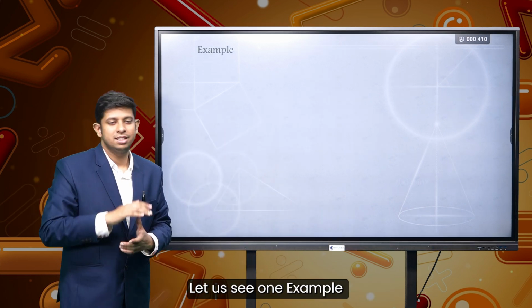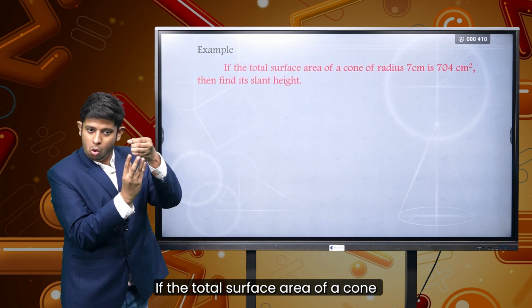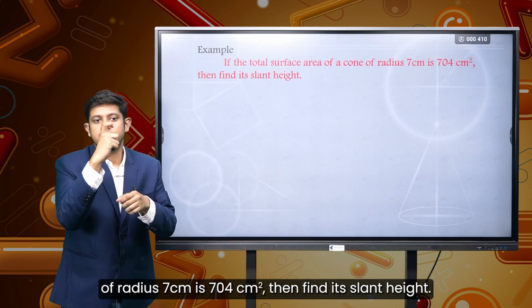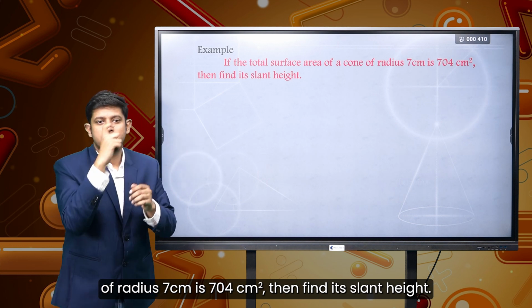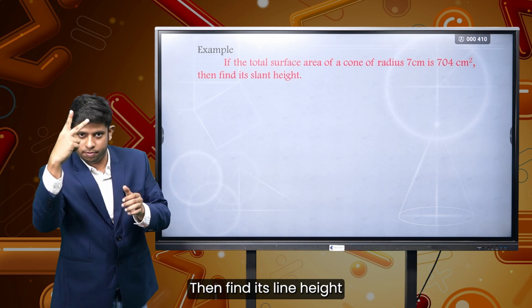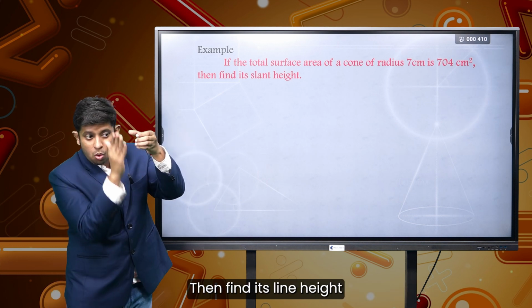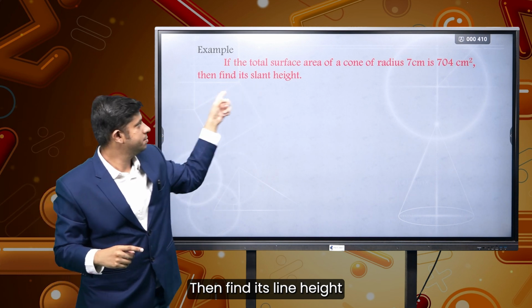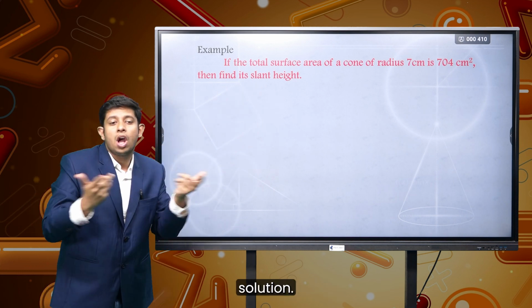Let us see one example. The total surface area of a cone of radius 7 cm is 704 cm square. Then find its slant height. Solution.